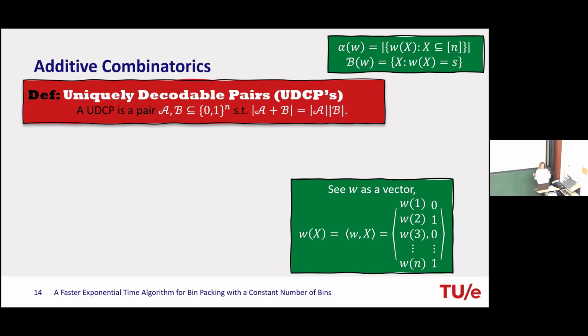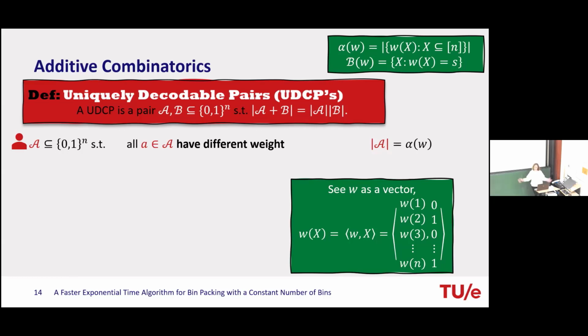So X is now 1 if it has an element in, and a 0 if it doesn't have an element in, and I just take the inner product of X and W, the weight array.